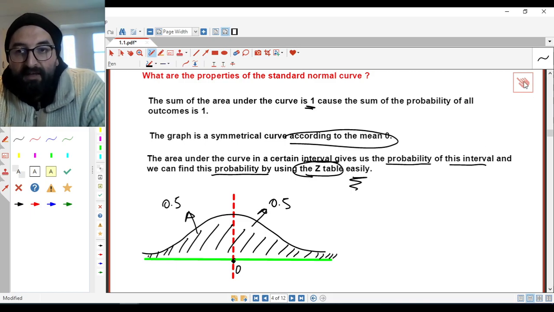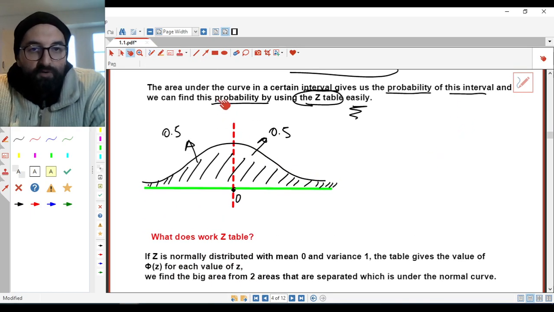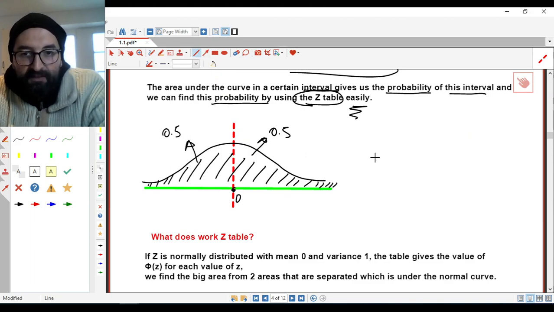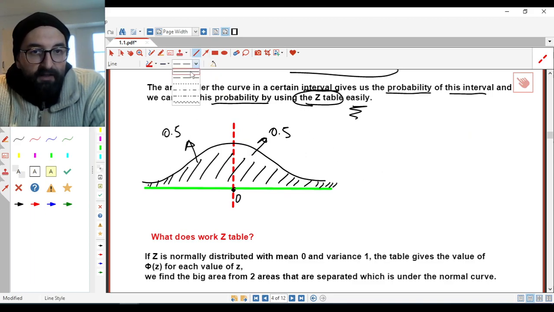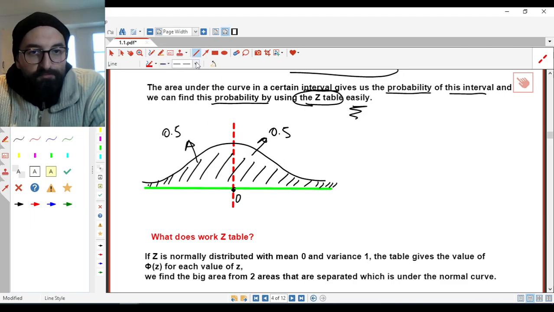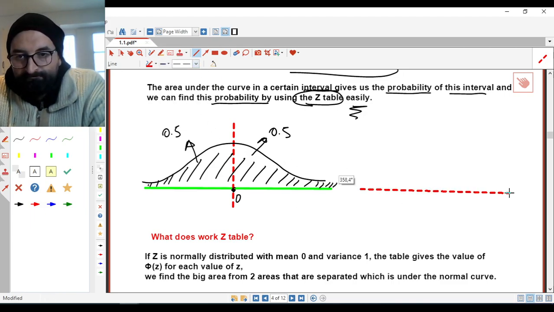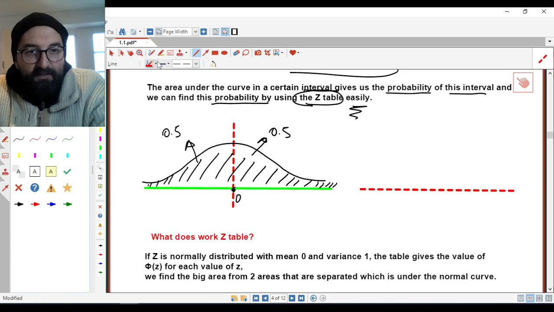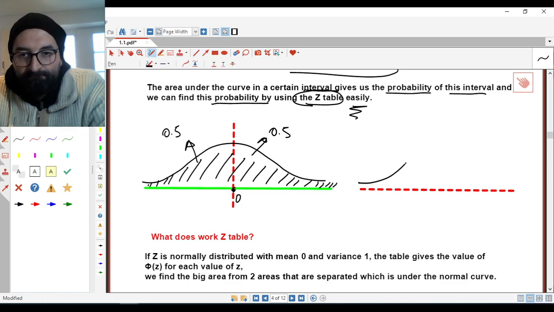For example, if you want to find some probability values, like here, like that.